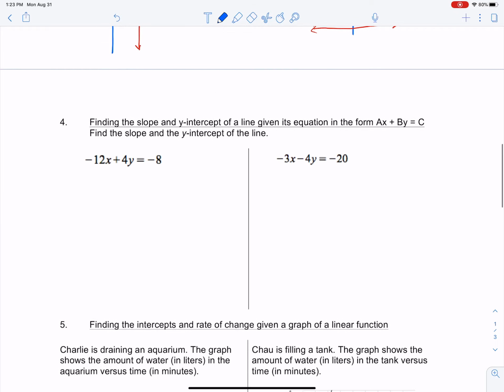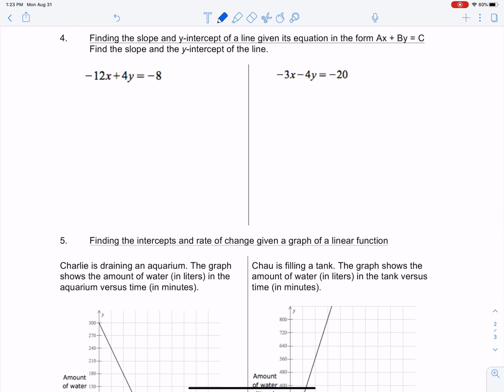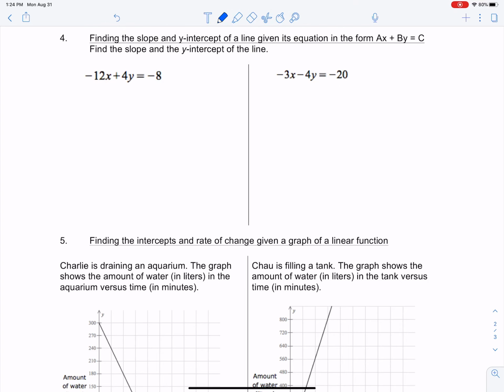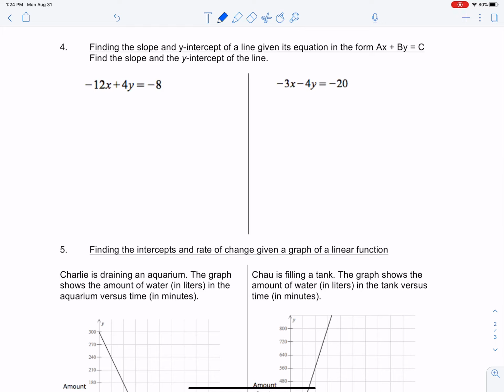Let's move on to our next example, number 4. Finding the slope and y-intercept of a line given its equation in the form ax plus by equals c. Before we saw slope-intercept form, which is y equals mx plus b. This is what's called standard form.